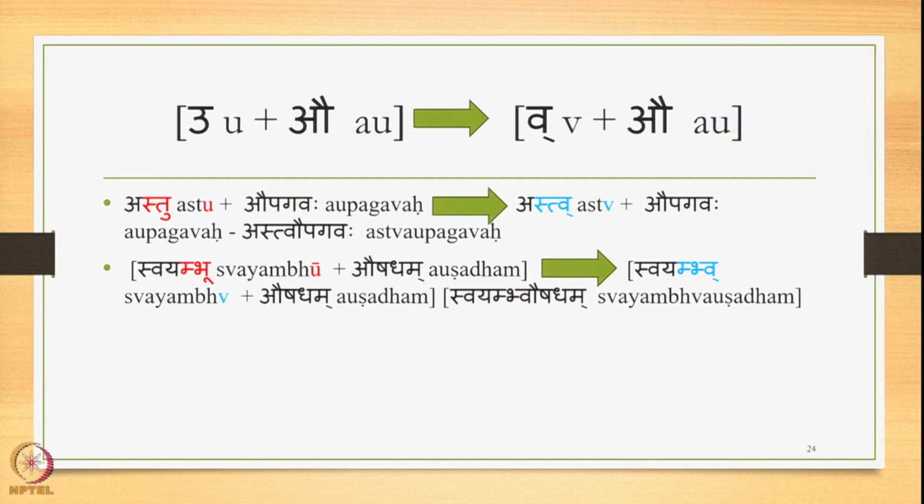Then we have U followed by Au and 6177 applying and generating the output, namely V followed by Au.